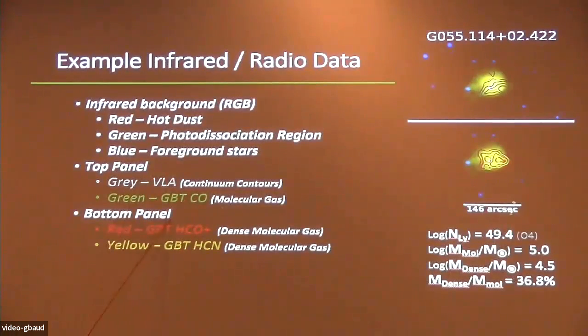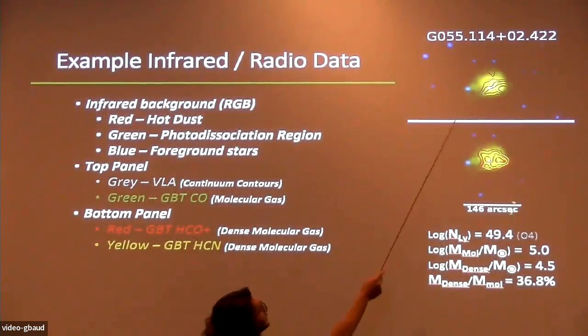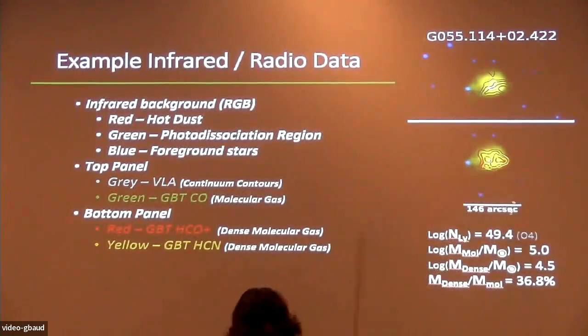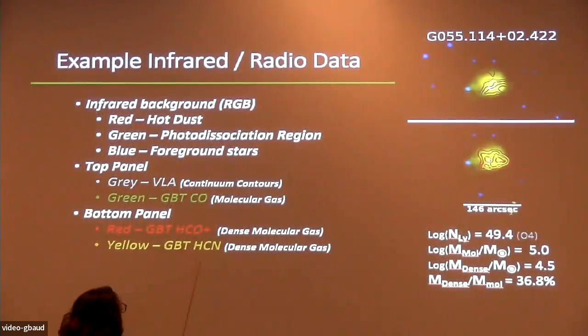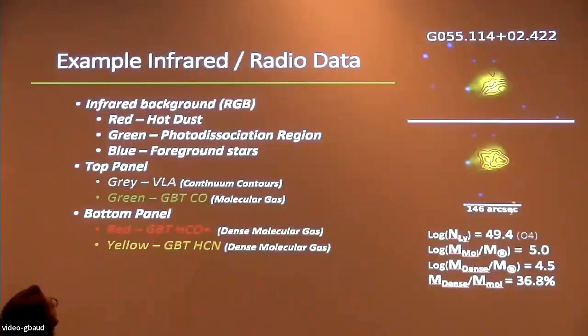The green comes from the GBT and shows us the presence of CO, which also shows us this is some photodissociation region. In the bottom panel, we have some more color, also from the GBT, but for HCO+, which is much more gathered around the HII regions, and some yellow for the HCN.